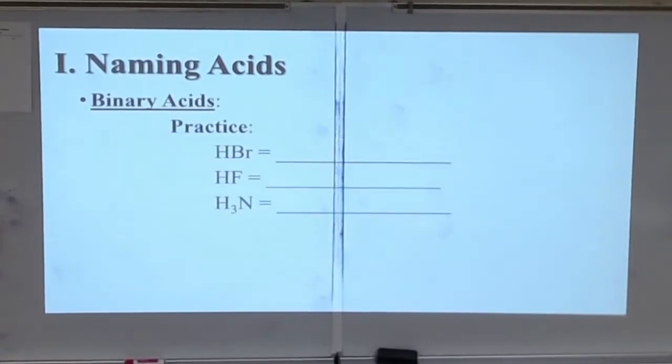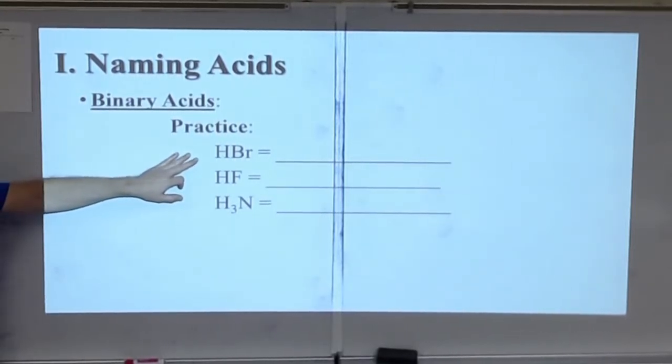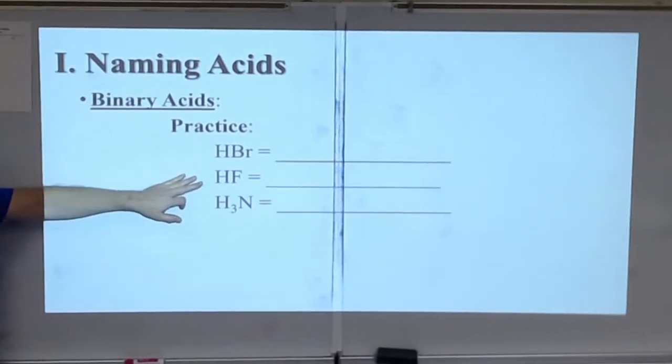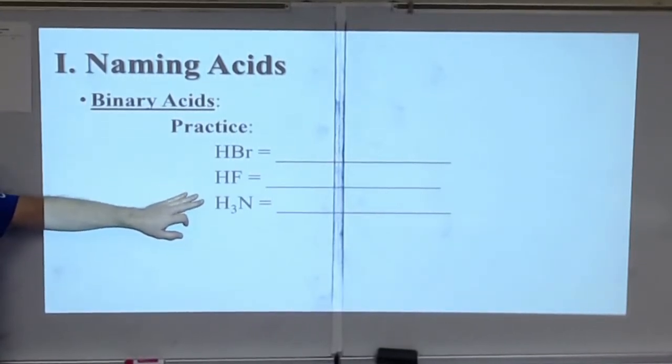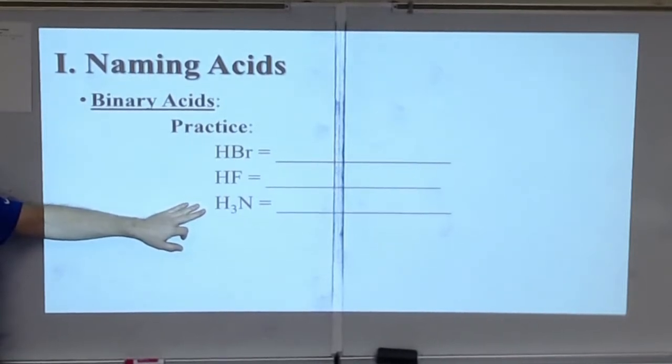All right. How about this one? So HBr should be hydrobromic. This is hydrofluoric. This is hydronitric.